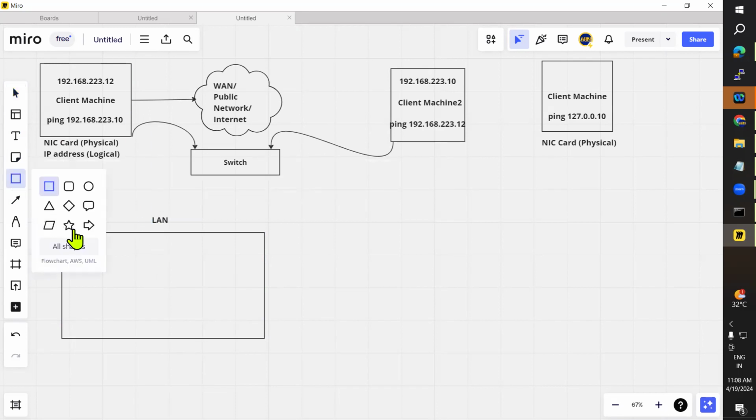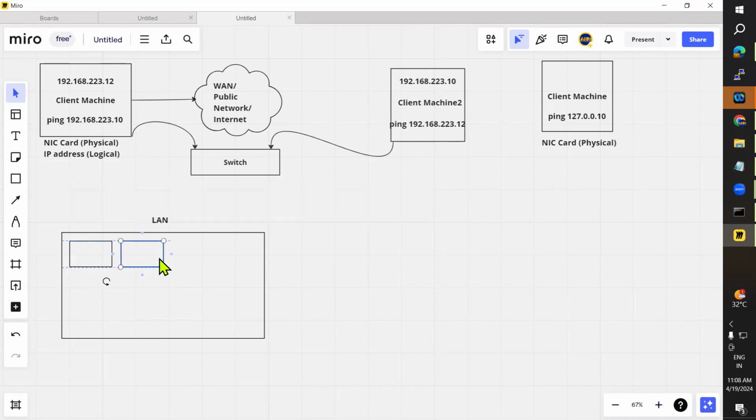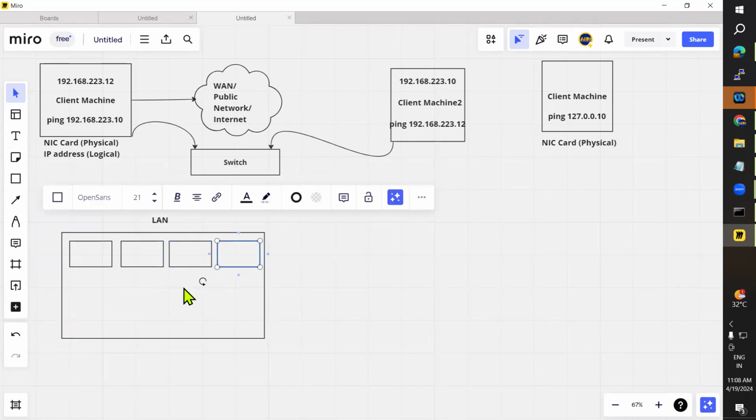In a LAN, there are many computers, right?